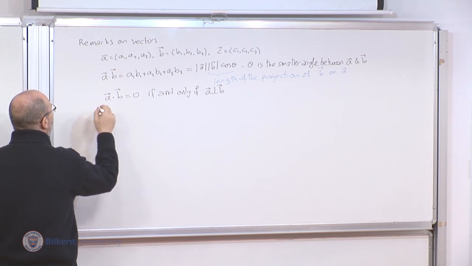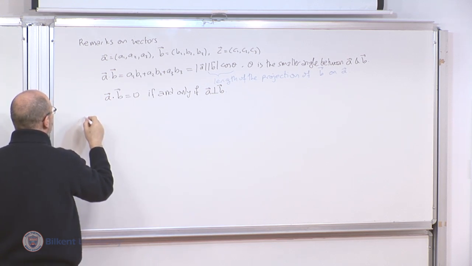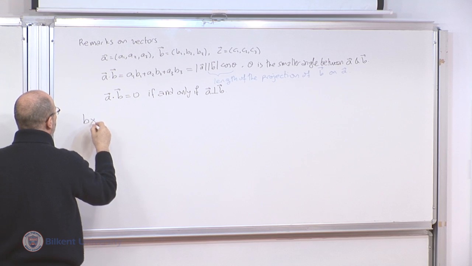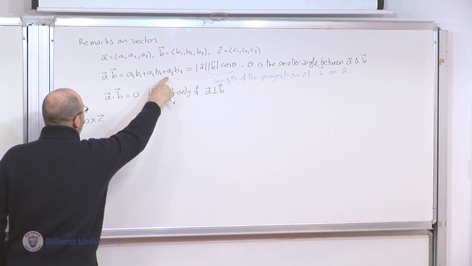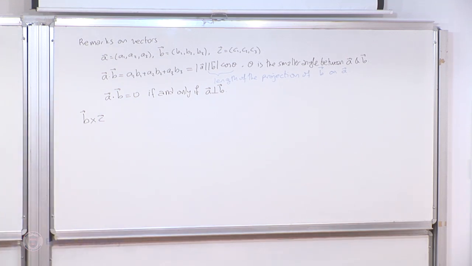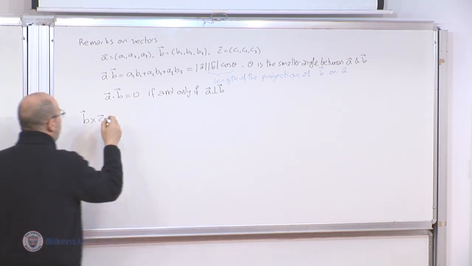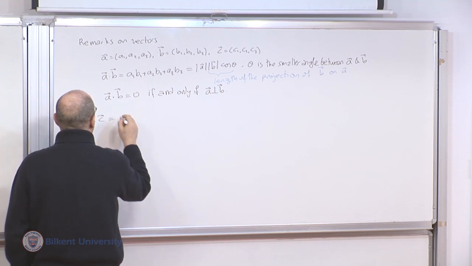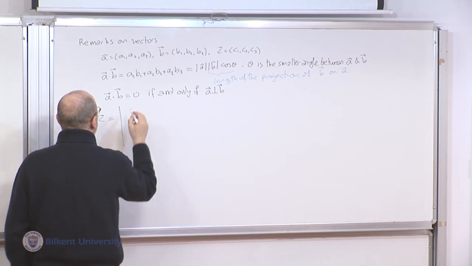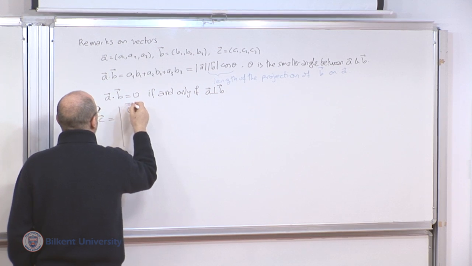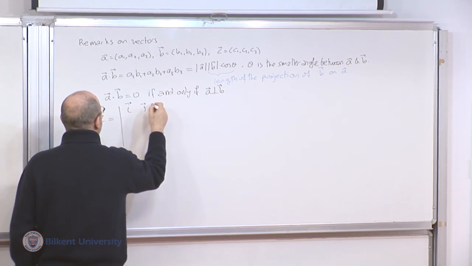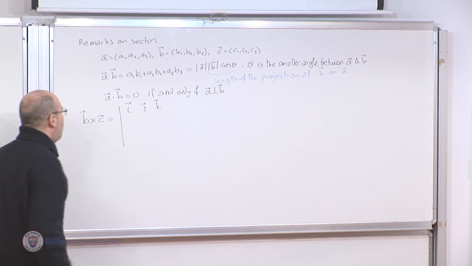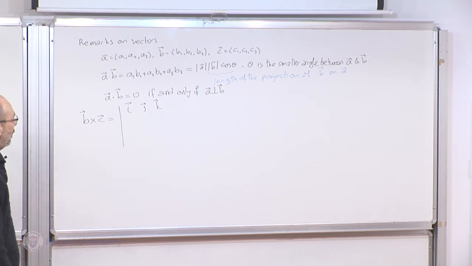And then we have, let me start with B cross C. Again we have a way of calculating B cross C using only the components. So that was the determinant of, let me use this notation for determinant, where I, J, K are the unit vectors.